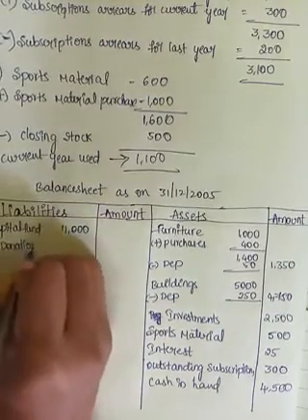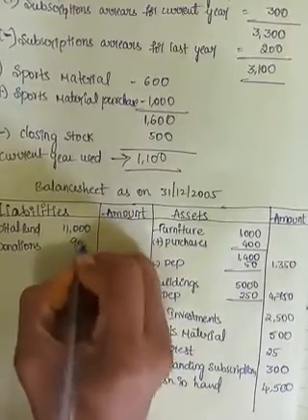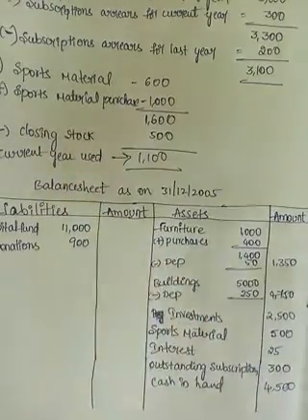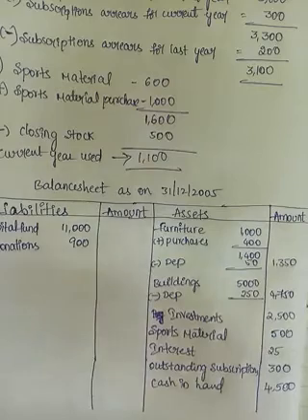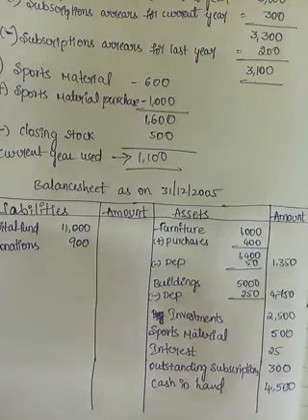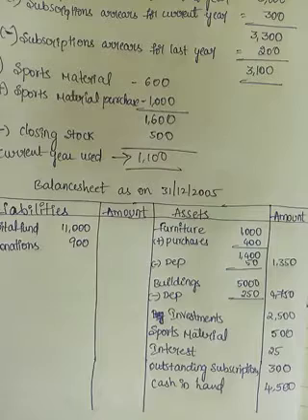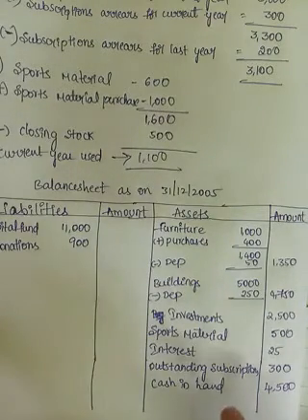Add donations 900. Next, in income and expenditure, we got a surplus. Wherever a surplus is obtained, we add it to the capital fund.